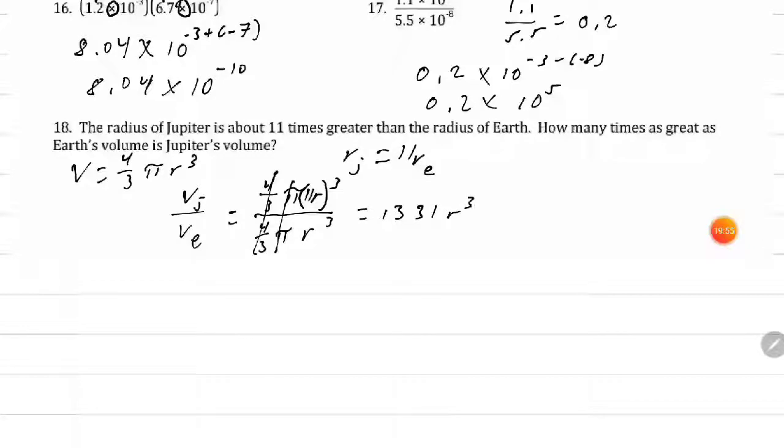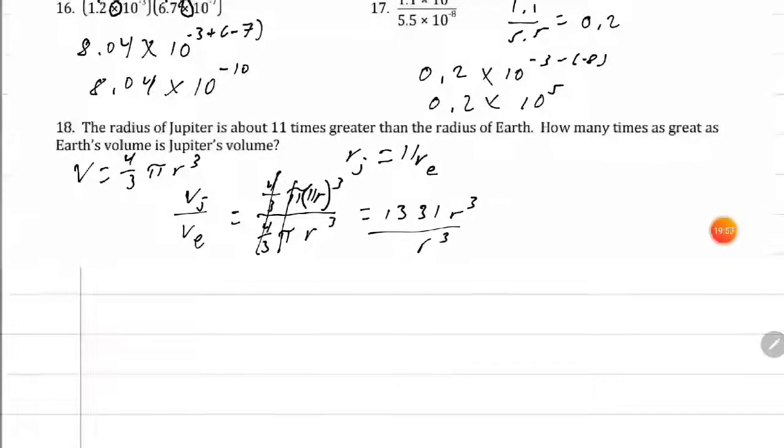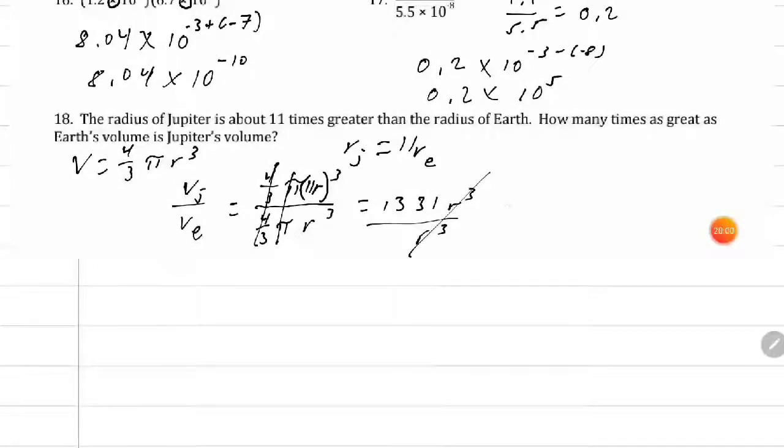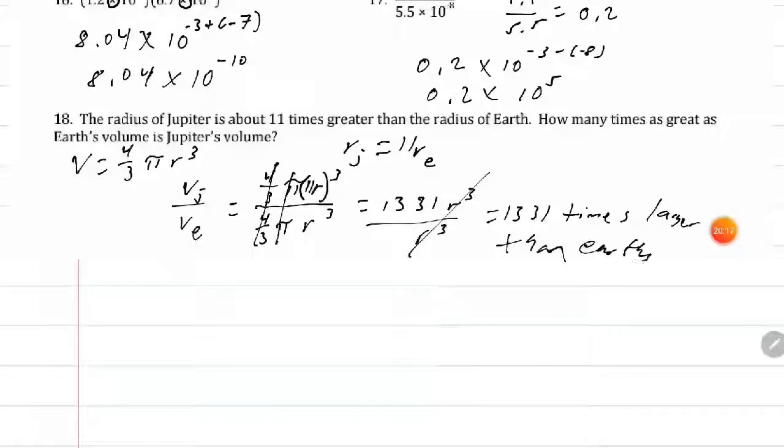And then we have r cubed over r cubed. Those cancel. So we're left with 1,331 times larger than Earth's volume.